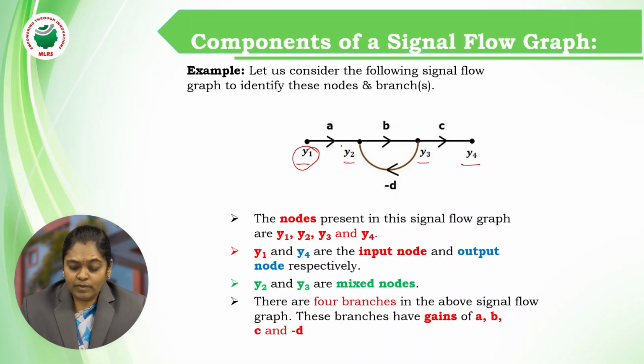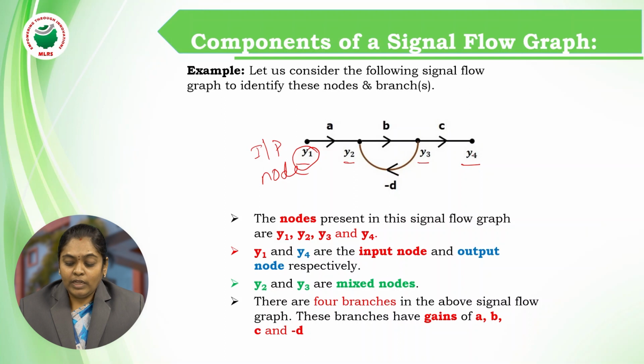So this y1, it is transferring only from y1 to the other nodes, but there is no branch which is entering into the y1 node. That is the reason y1 node is called as an input node. Similarly, if you see the y4, in case of y4, the branch is entering to the y4, but it is not leaving from the y4. That is nothing but y4 is called as an output node.